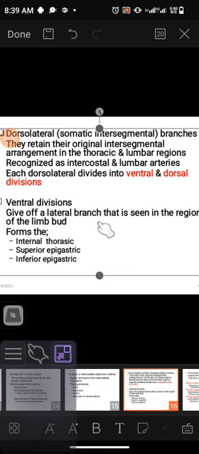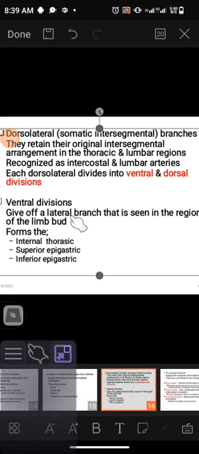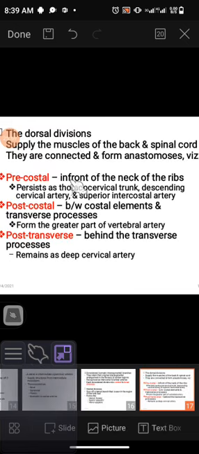We have the internal thoracic artery, superior epigastric and inferior epigastric artery. Remember, I told you the ventral portion gives rise to internal thoracic, superior and inferior epigastric arteries. The dorsal division supplies the muscles of the back.